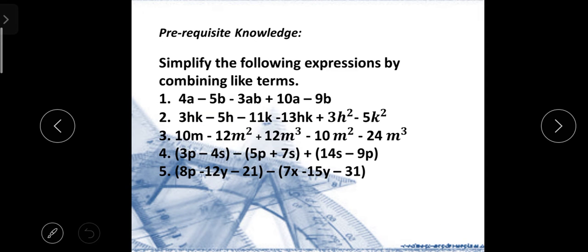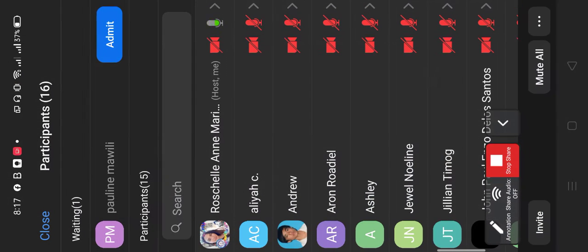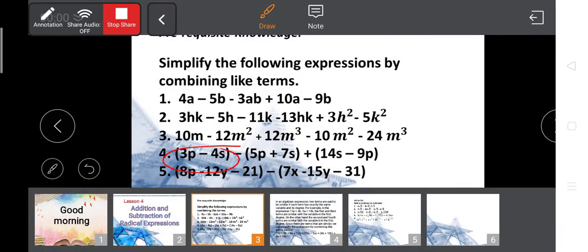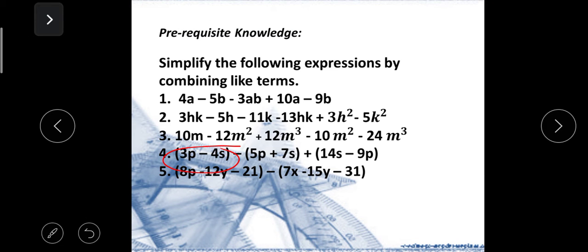For number 4, 3p minus 4s minus 5p plus 7s plus 14s minus 9p. Pwede ba natin itong pagsamahin? Isang p, isang s. Magkaiba siya ng variable. So, pag ganyan po, hindi kayang i-simplify, hindi po natin yan pwedeng pagsamahin kasi magkaiba siya ng variable.